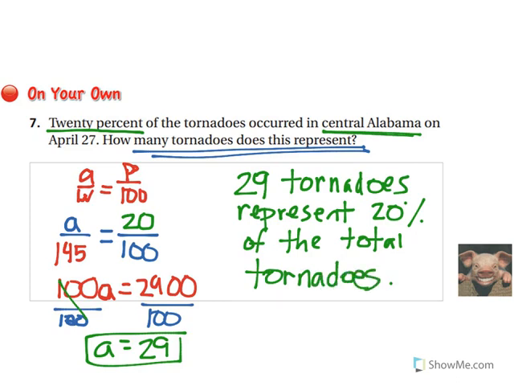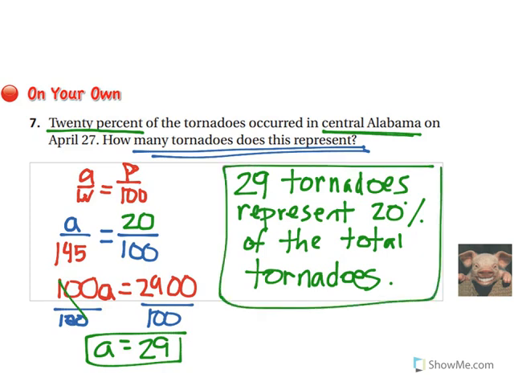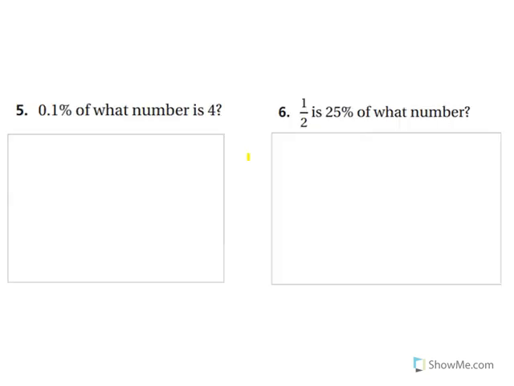All right, that was the tough one. Let's go ahead and look at the last two problems. It's basically the same thing you learned in the beginning of this section, except for now we're dealing with a decimal of a percent, or there's a fraction involved. So I want you guys to give these two problems a try and see how you do.